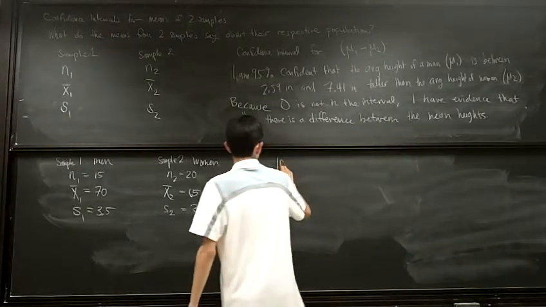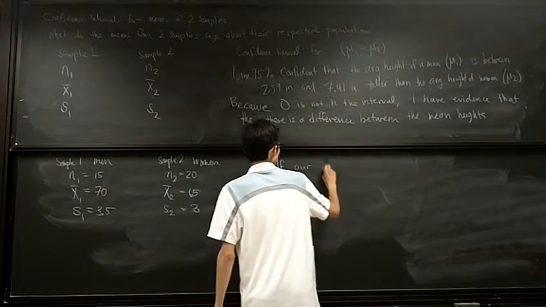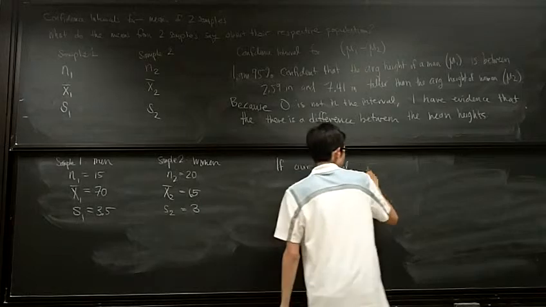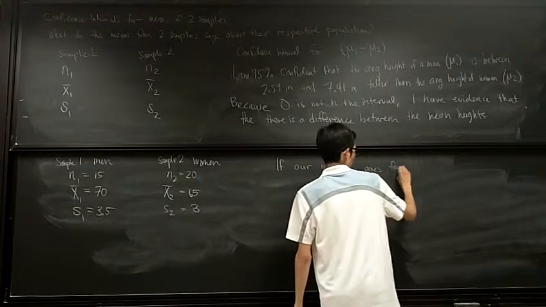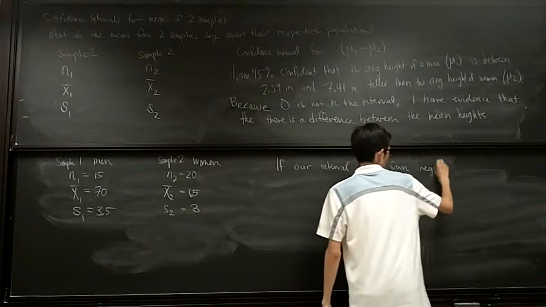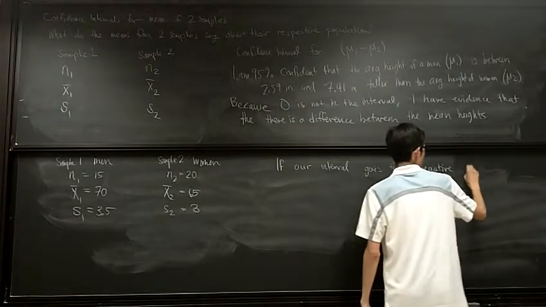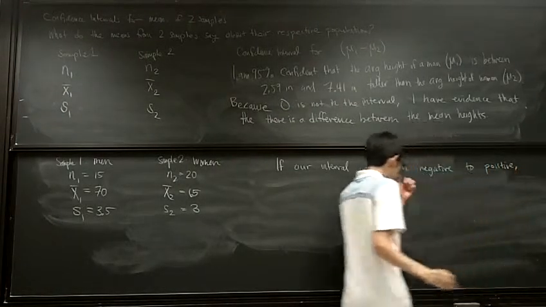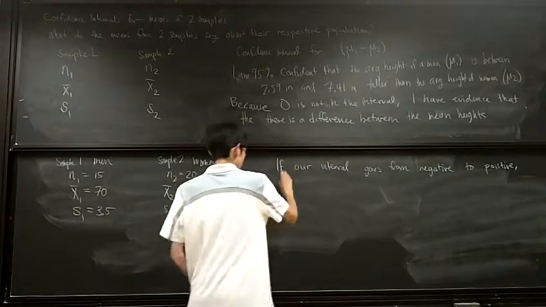So if our interval goes from negative something to positive, then 0 is in our interval.